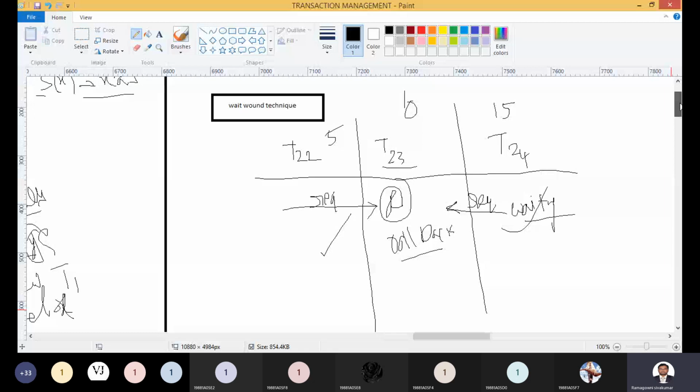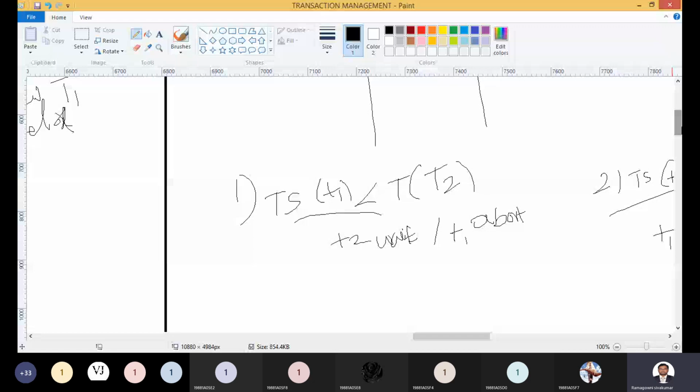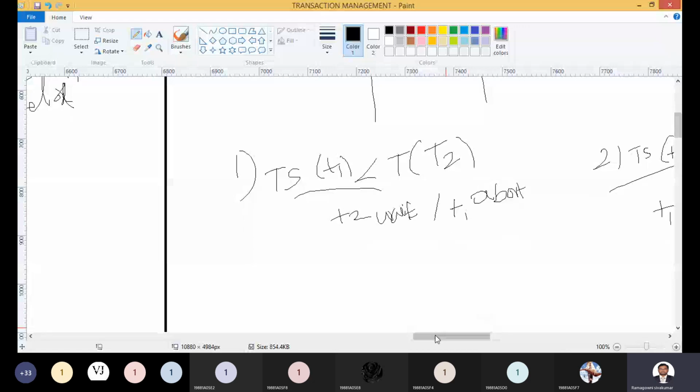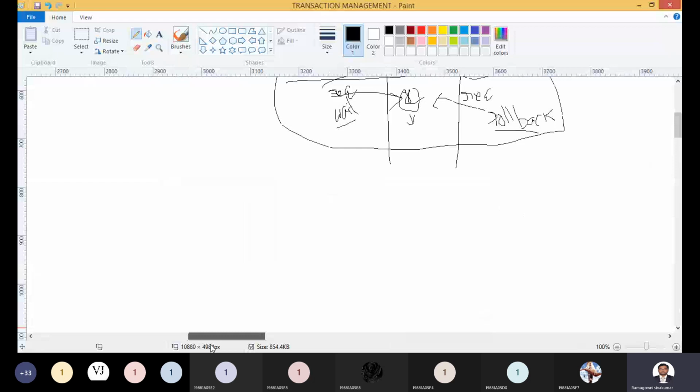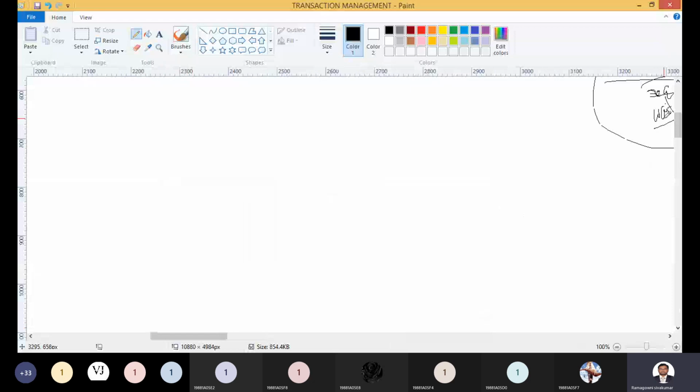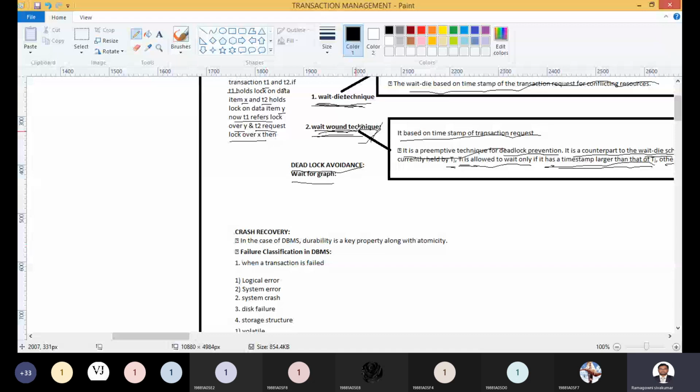Okay, now the time is up. So we have seen only two techniques here. Those are called the wait-die technique and the wound-wait technique. In tomorrow's session, I'm going to explain deadlock avoidance by using the wait-for graph technique.